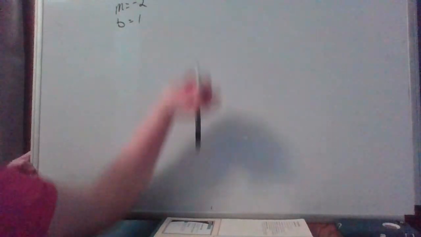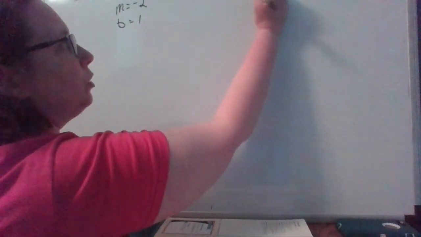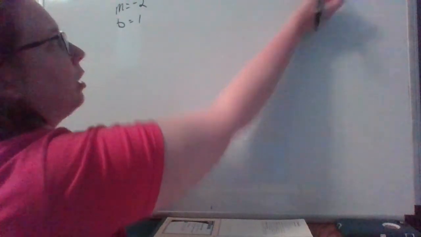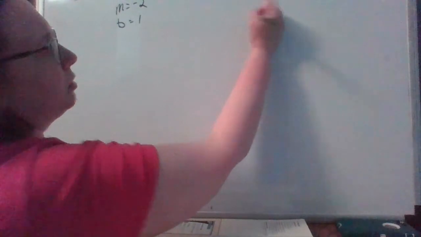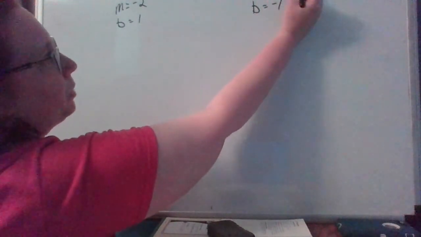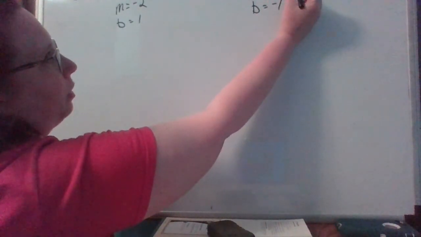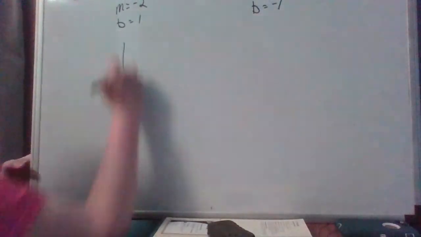Here our slope, or our coefficient of x, would be negative 2. Our y-intercept is 1. Over here our slope is negative 4. Our y-intercept is negative 1. Remember, in our equation, this should be a plus sign. Since it's not, that makes our y-intercept negative.